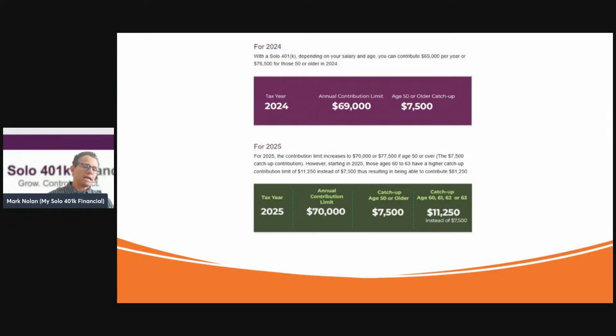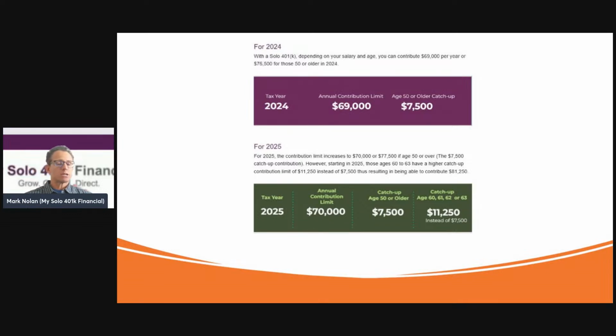So for instance, for the tax year 2024, the overall contribution limit is $69,000 to a self-directed 401k. So if you have a self-directed 401k already, or you opened it at the end of last year, then you have until your business tax return due date plus timely filed extension to make those 2024 contributions to the self-directed 401k. For 2025, the contribution limit increased by $1,000 to $70,000.